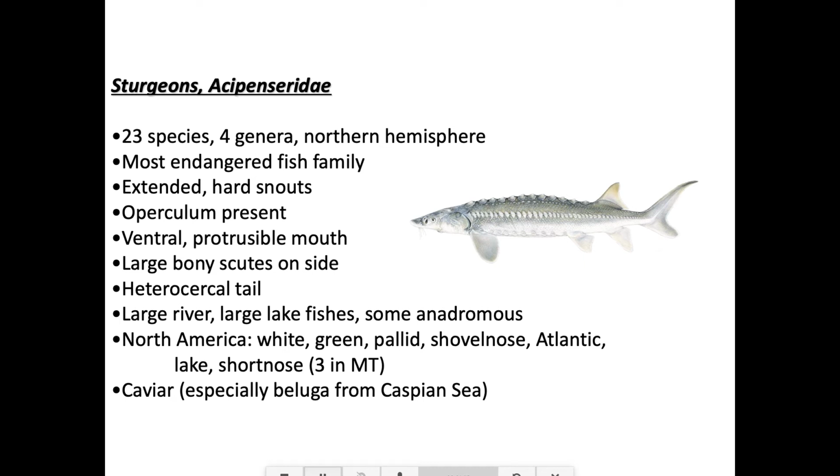Look at specimens 3.7 or 3.8 under a microscope to locate their barbels, protrusible mouth that does not have teeth, and distinctive scales. Sturgeons are one of the largest freshwater fishes, are highly sought after commercially because of their eggs or the caviar, and are one of the most endangered fish families due to overharvest and blocking of their long-distance migrations by dams.